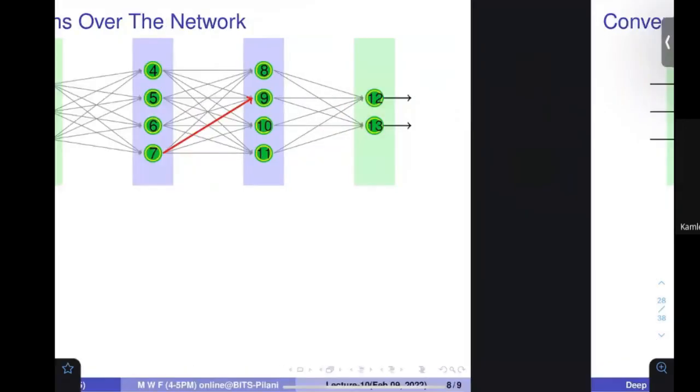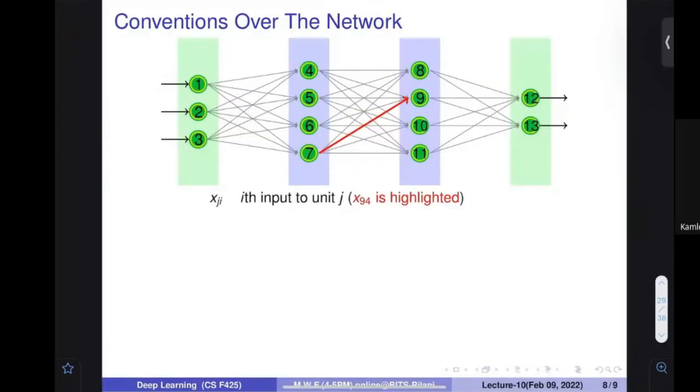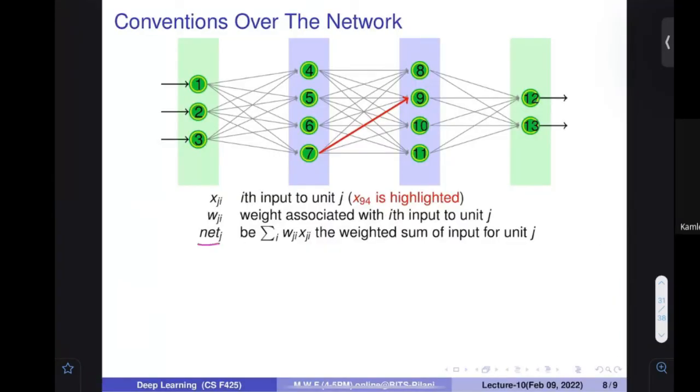Let me show you this slide once again. Here xij represents the ith input to the jth unit. I was telling you about this red one. Can you tell me what this is? It is x94, because to the ninth neuron it is the fourth input. W94 is the weight associated. Net j, what is net j?